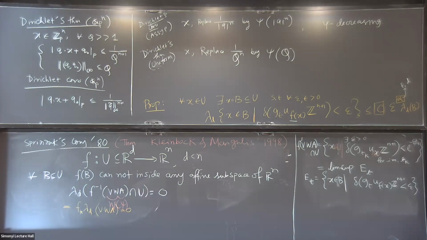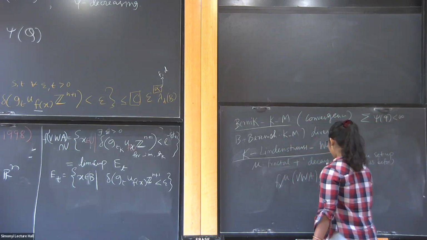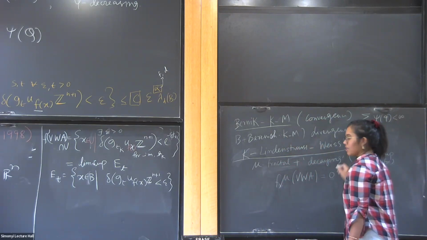There are some assumptions. I have to assume some decaying conditions. So mu is a fractal measure, but with also some decaying condition. I don't want to define what decaying means.